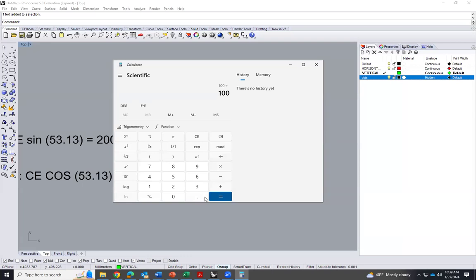divided by, and now here we have to do this. I will open the parentheses because this angle is 53.13, but it's the sine. Okay, so look at this. It's 100 divided by sine 53.13. I close the parentheses and I click OK.